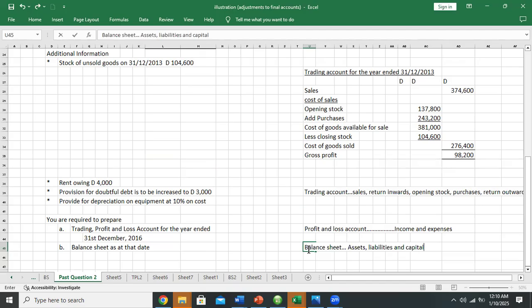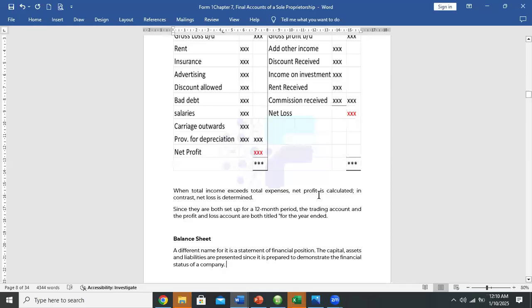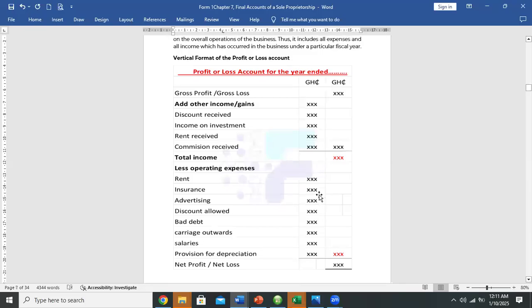So please never ever put any asset, liability, or capital in the trading account or the profit and loss account. I beg you. And just for the benefit of that, let's quickly glance through the format of these two accounts. I think I'll share the notes after the lesson so that you can familiarize yourself with the form.